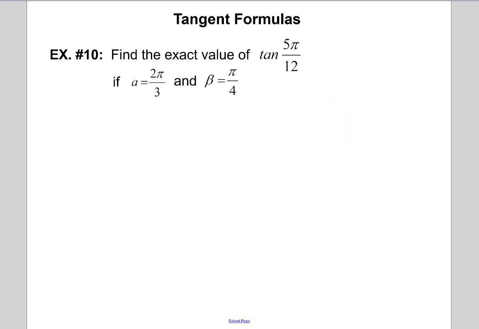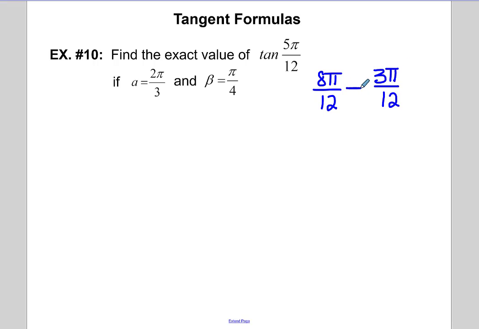And then our last example is using the tangent formula, and we've got to show that the angles 2 pi over 3 and pi over 4, if we subtract those angles, because 2 pi over 3 with a common denominator of 12 would be 8 pi over 12, and pi over 4 with a common denominator of 12 would be 3 pi over 12.